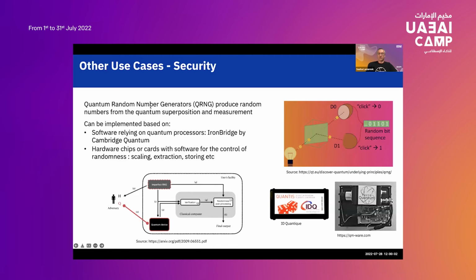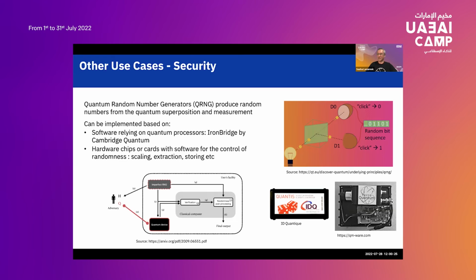Quantum random number generators. This is one very important use case for security. You can imagine that random numbers nowadays are pseudo-random. They are not really random. You can use some physical systems to produce random numbers, and quantum computers are the best sources of random numbers.